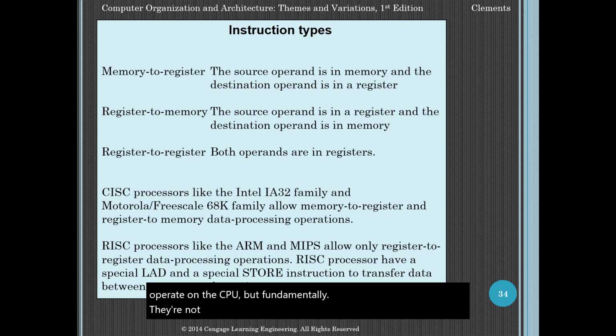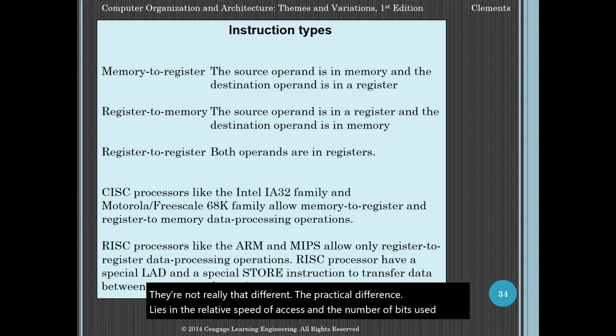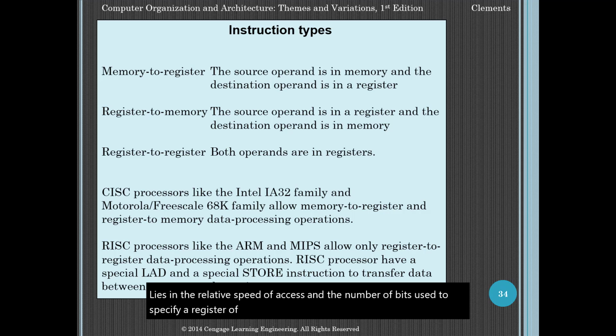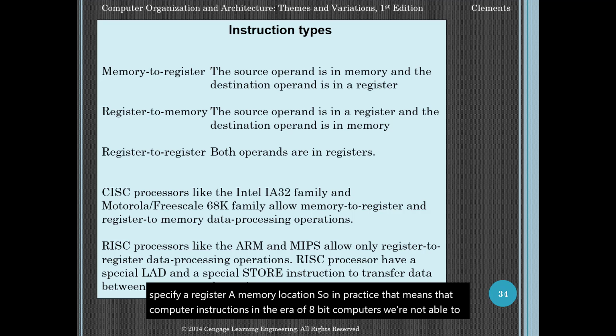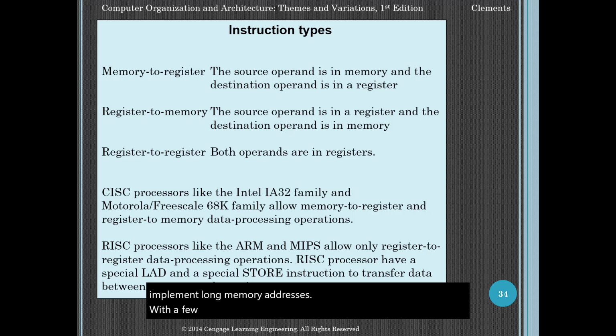The practical difference lies in the relative speed of access and the number of bits used to specify a register or memory location. So in practice, that means that computer instructions, like in the era of 8-bit computers, were not able to implement long memory addresses, with a few exceptions, which meant that an instruction could provide only one memory address.